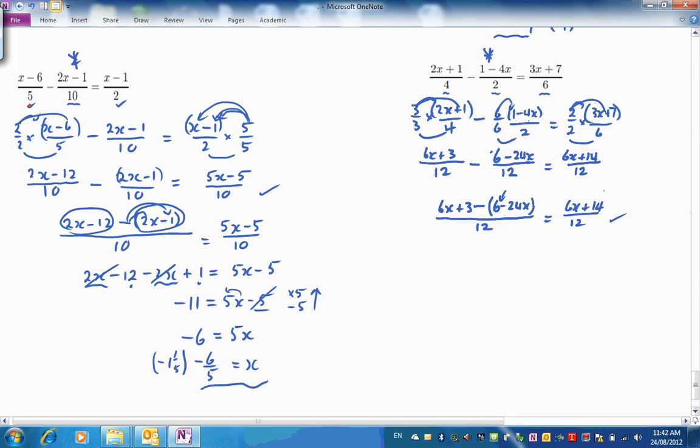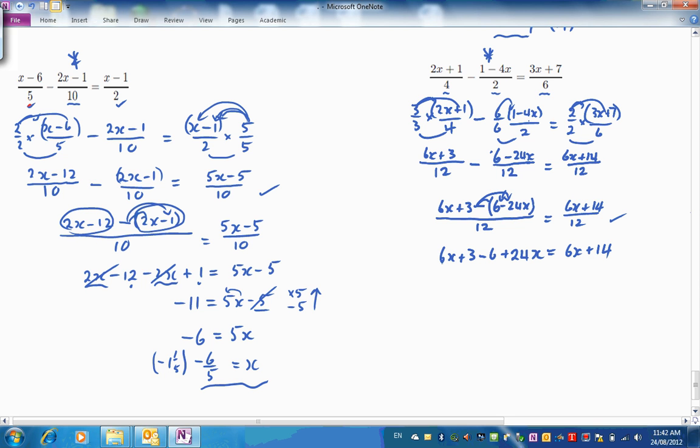Right, so bottom lines are the same, so we can just look at making the top lines the same. So let's do this now. Take 6, neg 6, and then take negative 24. Negative times a negative is a positive. So it's plus 24x equals 6x plus 14.